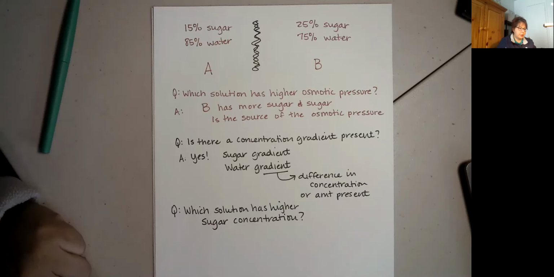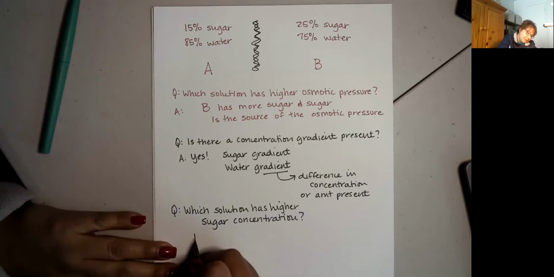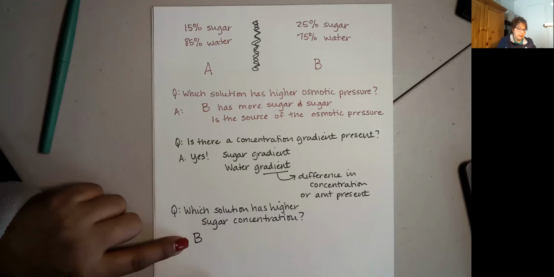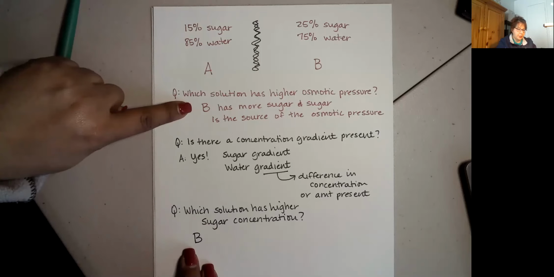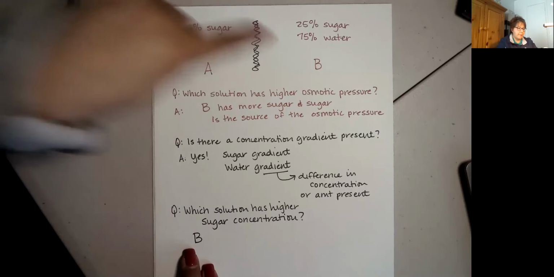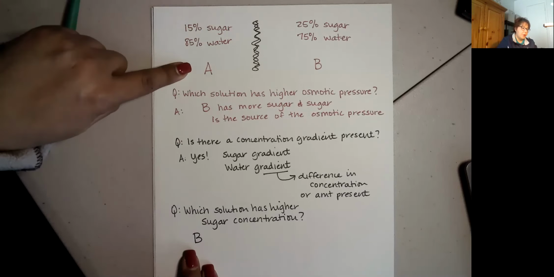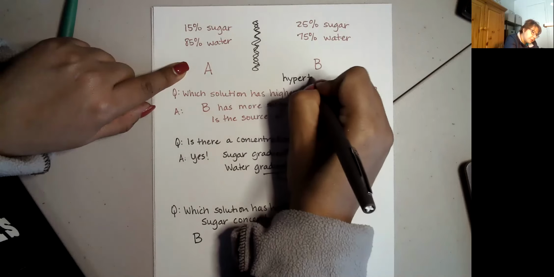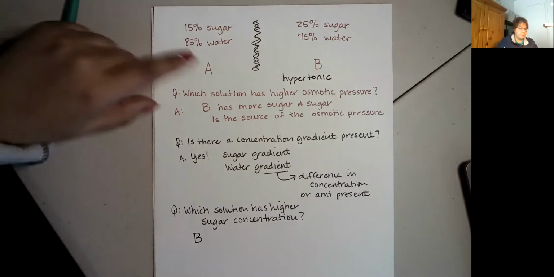Which one's got more sugar, A or B? B. Yeah, B. Because B has more sugar, that's another way of saying which one has the higher osmotic pressure. We're going to use a word to describe B compared to A. We're going to say that B is hypertonic to A.